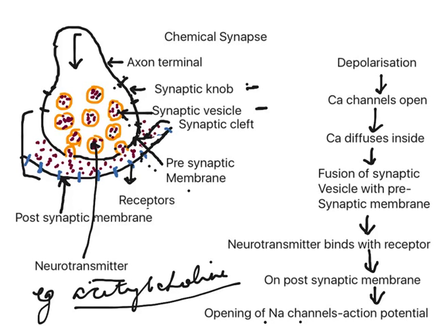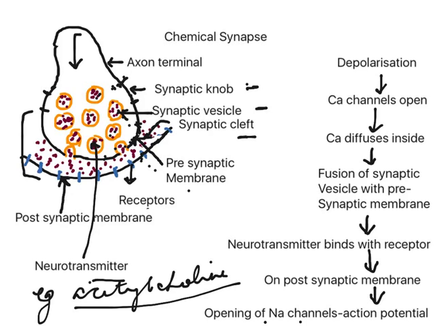So these calcium channels open and a lot of calcium rushes inside from the extracellular fluid. This calcium that rushes inside the synaptic knob actually facilitates the synaptic vesicles to bind with this particular area of the cell membrane. This area that you can see between these two is referred to as the synaptic cleft.